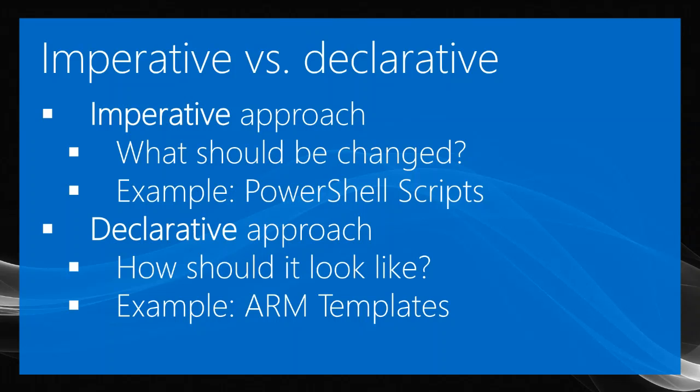Whereas the declarative approach is a little bit different, because you don't code what should be changed, but you code what the end result should look like. So you don't care about how it's done, but what you want.